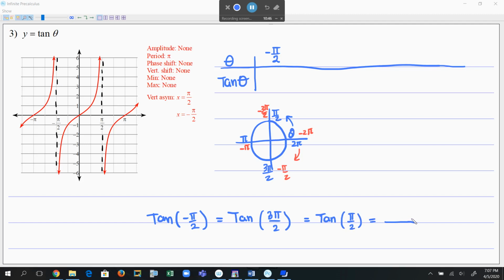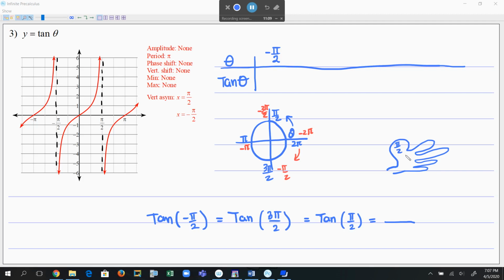Again, tangent is sine divided by cosine. Or if you use your hand trick, I'm going to go ahead and draw the hand quickly right here. So pi over 2 is 90 degrees, or your thumb.